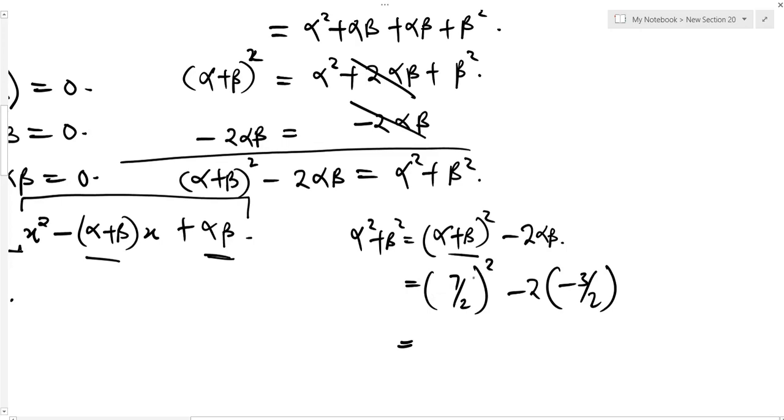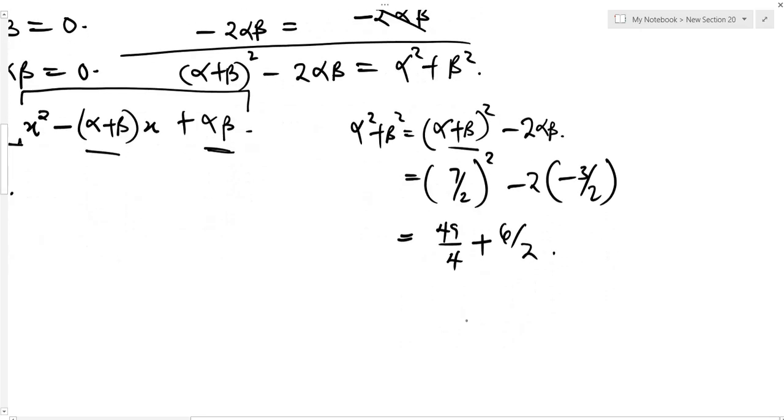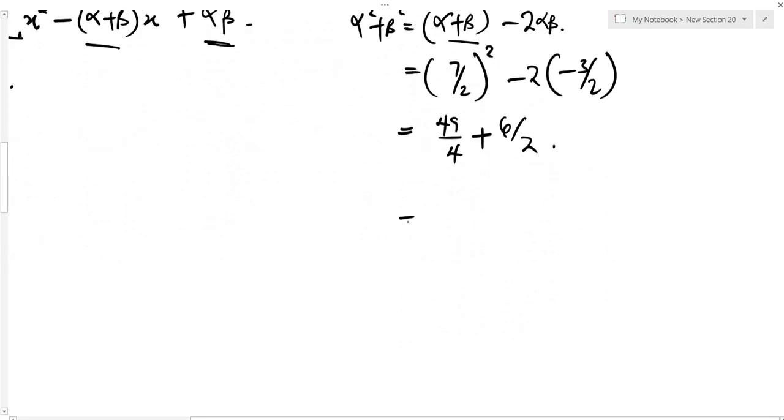So now for this, 7 over 2 square will give you 49 all over 4. Then minus 2 times minus 3 over 2 will give you plus 6 over 2. Now this, what is the LCM?